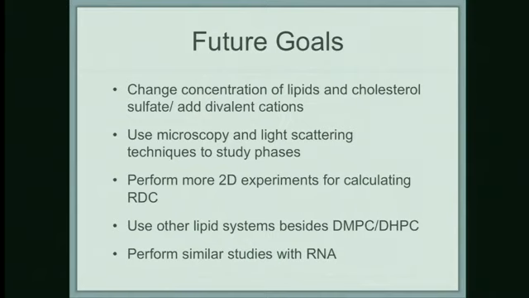I also want to perform more 2D experiments to calculate those residual dipolar couplings and get my nuclear distances, and use other lipid systems which work better at lower temperatures. Then I'd perform similar studies with RNA, because that's the more interesting molecule because of all the structures it forms.